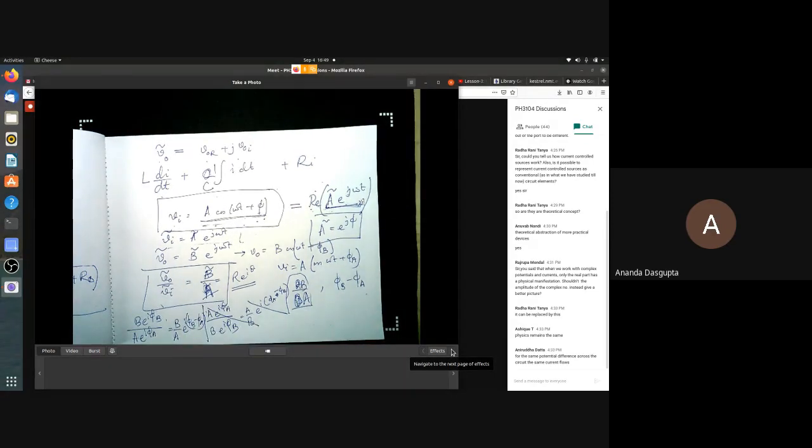So R, the ratio between the amplitudes of the two voltages, is also the same as B by A, but that's also what you get as the magnitude of B tilde by A tilde. So if you calculate the complex voltages directly and take the ratio, you get a complex number.